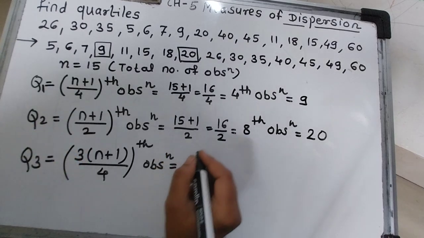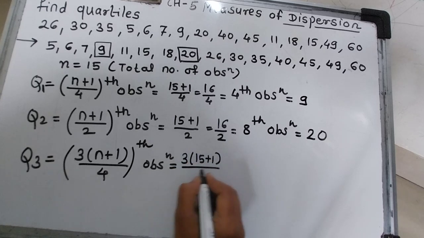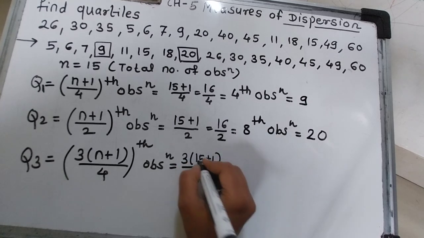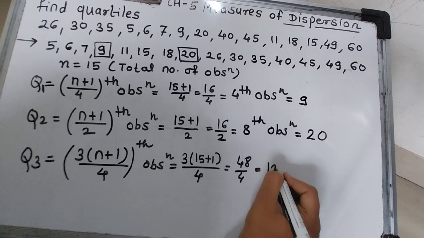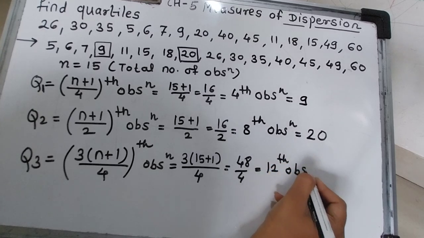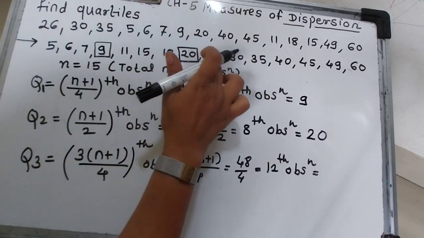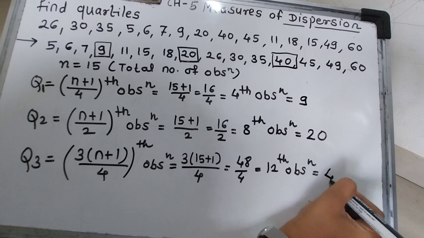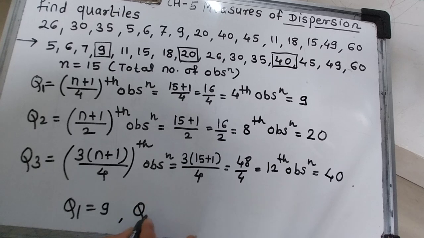Now it is 3 into (15 plus 1) divided by 4, so 48 divided by 4, so the 12th observation is the Q3. The 12th observation, counting 1 to 12, is 40. So Q1 is 9, Q2 is 20 and Q3 is 40.